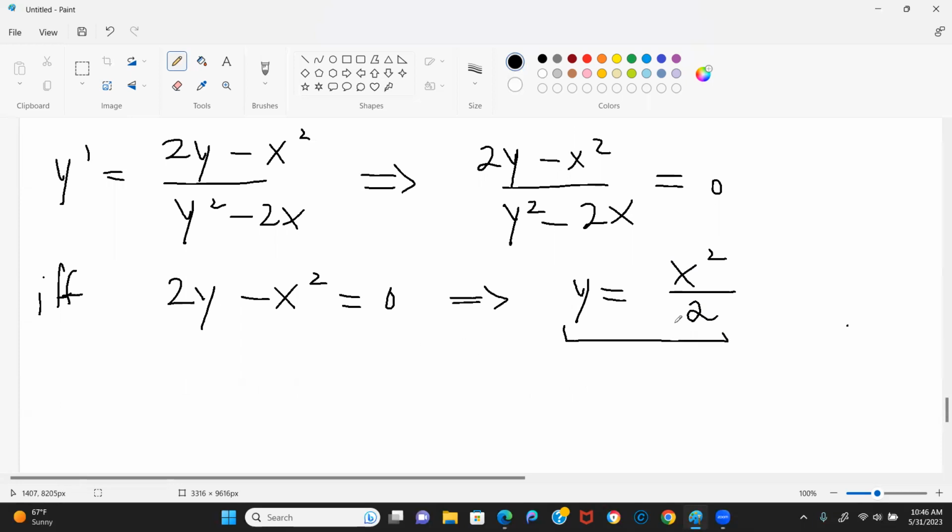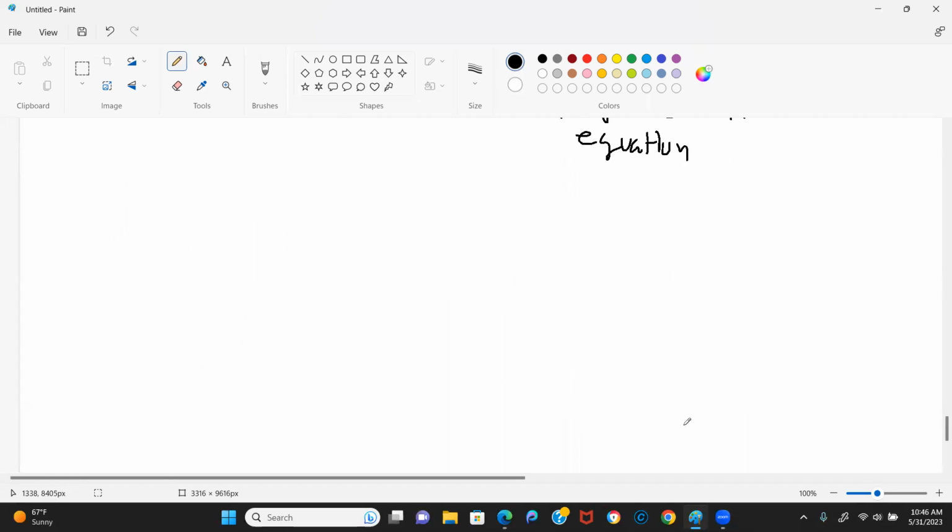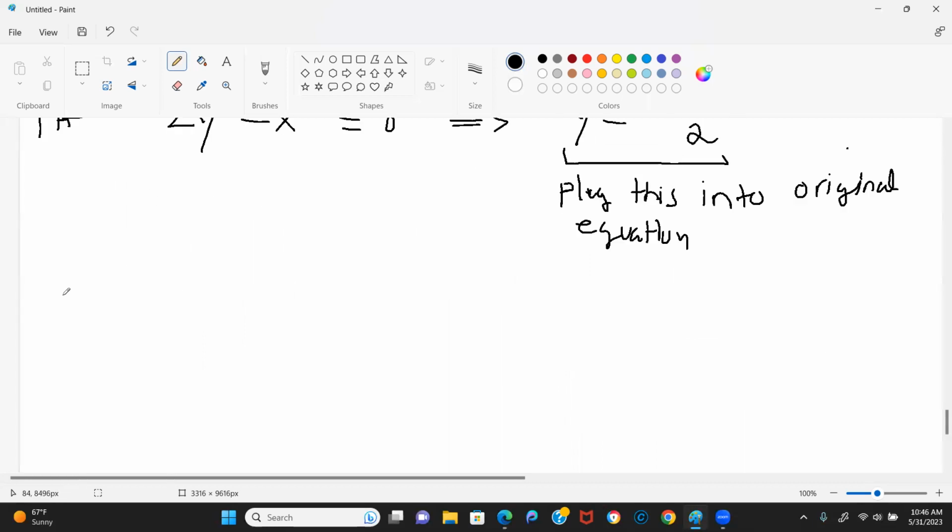So we need to plug this back into the original equation. So remember the original equation was, oh, sorry, no. We have x cubed plus y cubed is equal to 6xy.